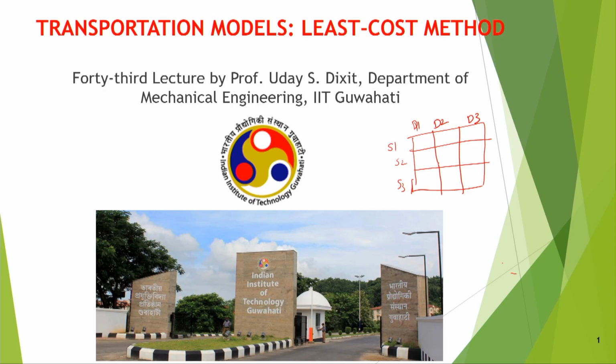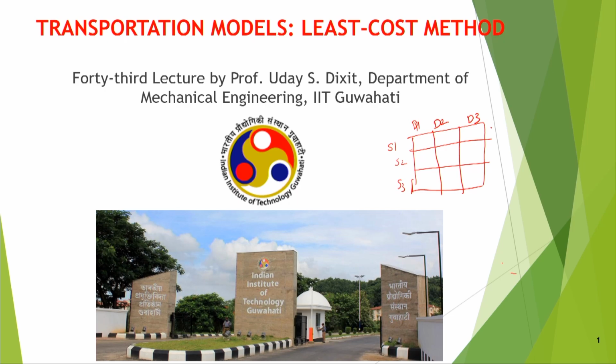Going from S1 to D1, what is the cost of transportation? That is given to you as a per unit cost of transportation. S1 to D2 is also given to you, S1 to D3 is also given to you.